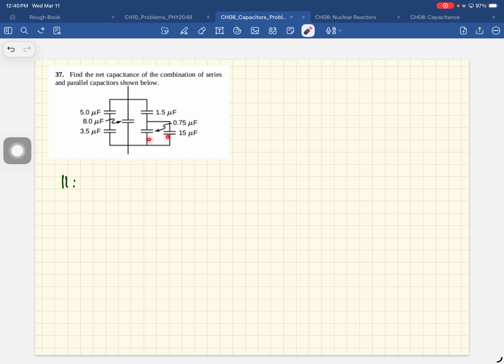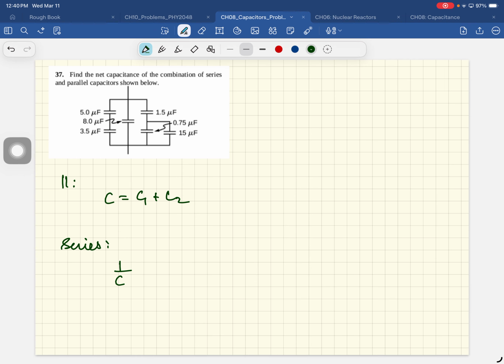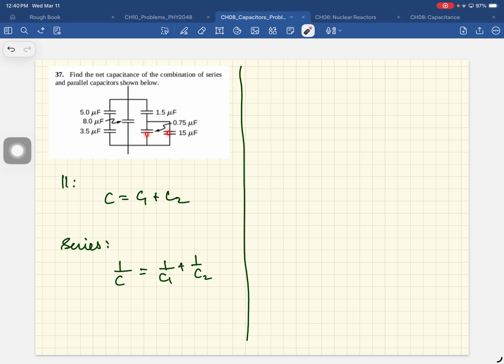So this would be 15 plus 0.75, 15.75. And for a parallel combination, C is just C1 plus C2. And for a series combination, the equivalent capacitance is given by that. So these two, you're just adding them, that's 15.75.